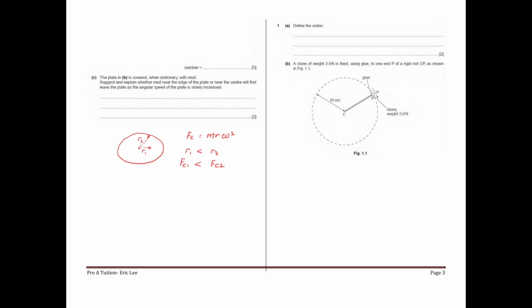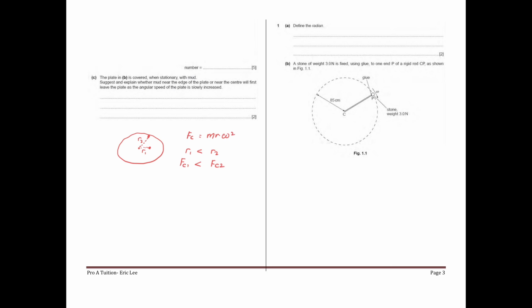As the plate moves faster and faster, the centripetal force required by the second mud gets greater and greater, and the frictional force can't provide such a great centripetal force, and hence the second mud will fly off first.